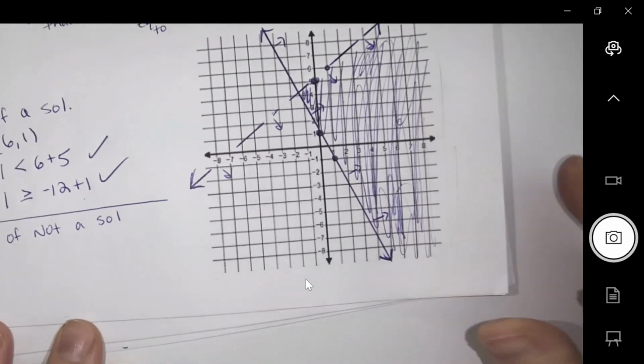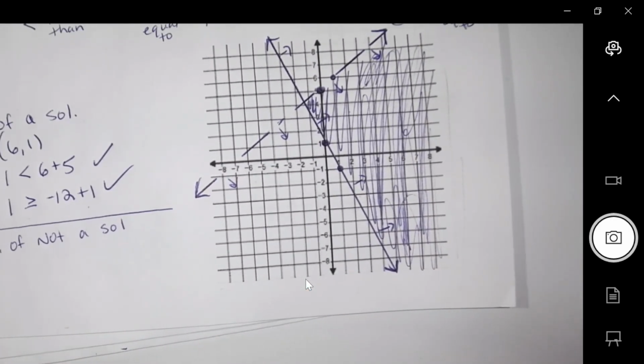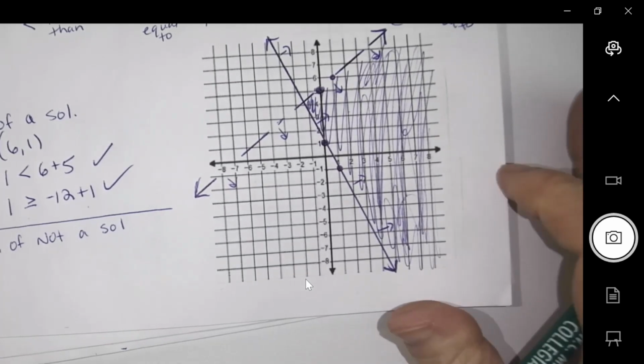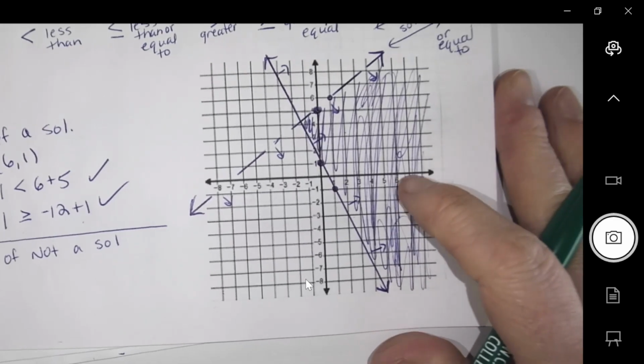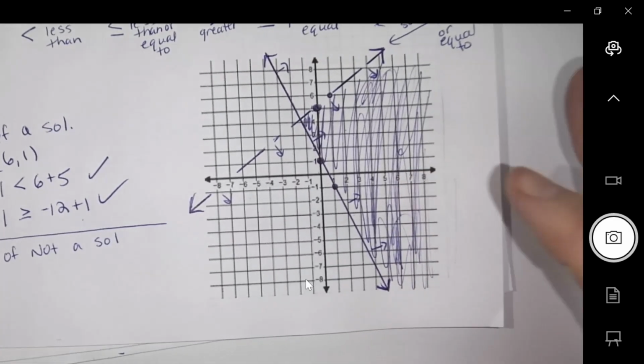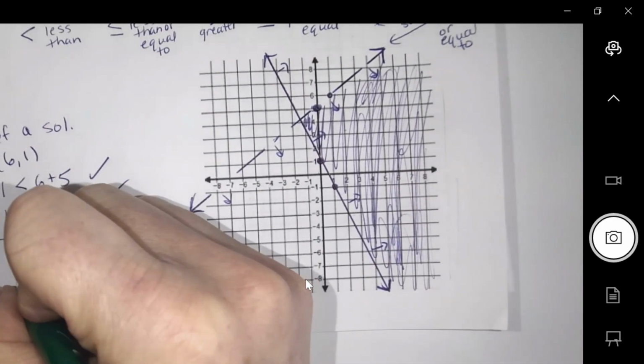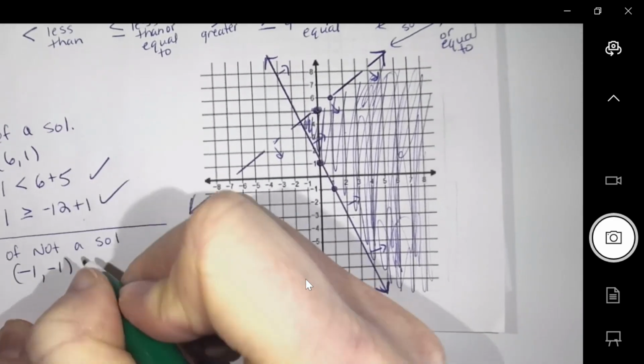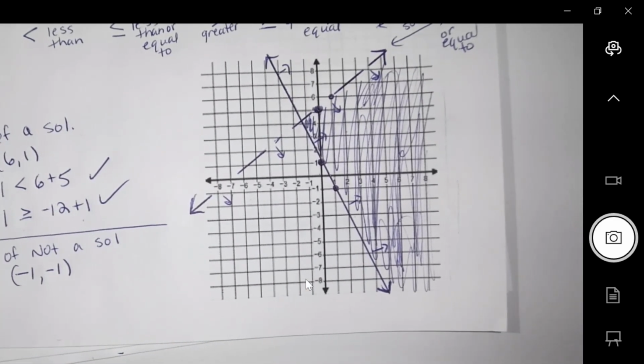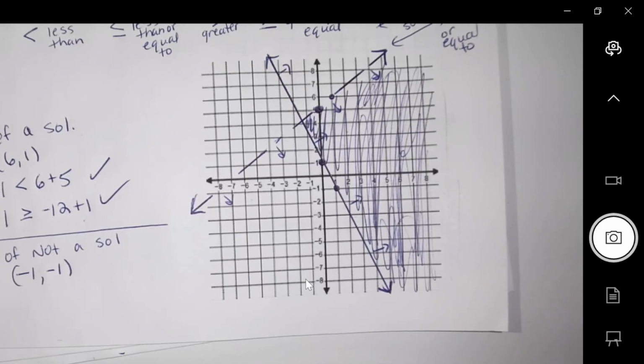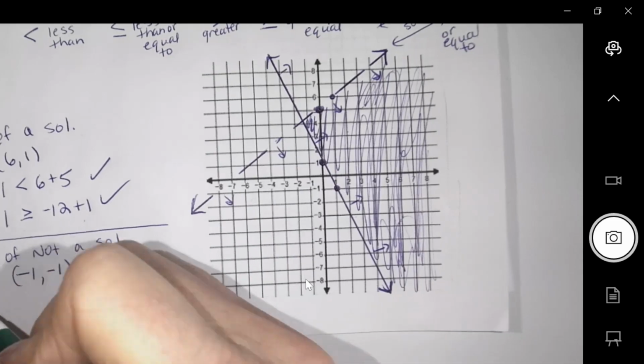Can you give me a coordinate that would not be a solution to this? What's that? -1, -1, is that what you said? -1, -1 is not a solution. So I'm going to plug it in.